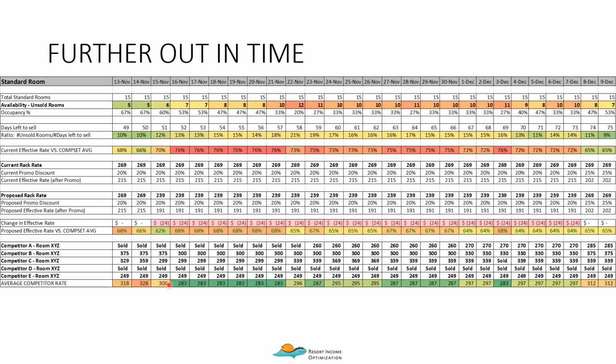So the average competitor rate became much lower here, compared to 318, 328, and so on. Here it's regularly at 280, 290. And so that's part of why you were losing volume and sales there. So hopefully with this adjustment, you would start to get more volume again and occupancy in those dates.